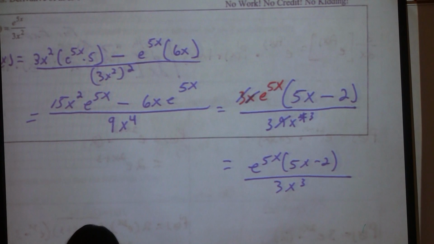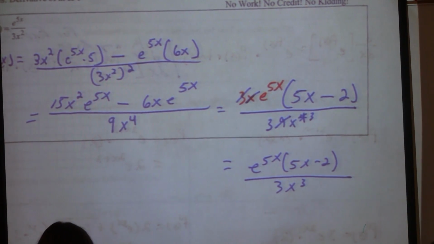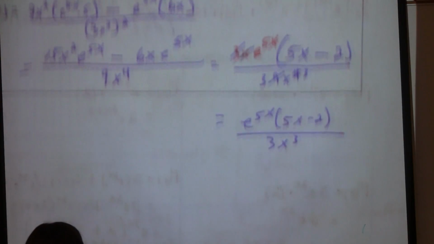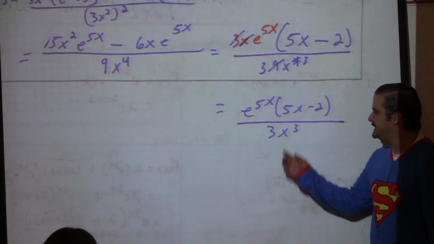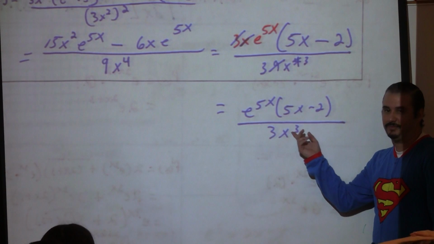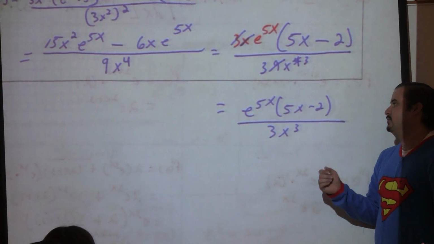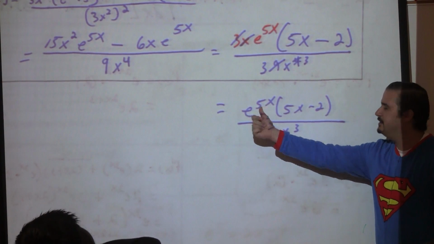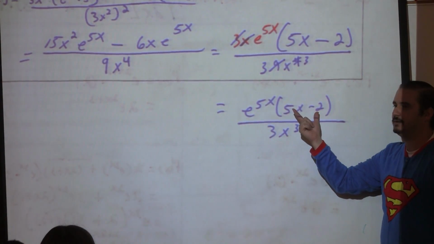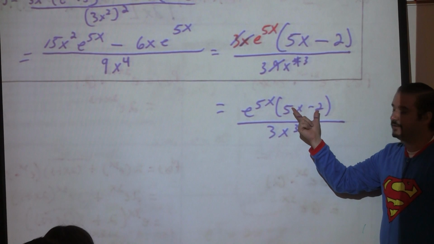So now this one, can this derivative be undefined? Yes. Where would it be undefined? At 0, because that's the number that will make my denominator 0, right? Okay, where will it equal 0? Can this ever equal 0? No, but can this guy equal 0? At what value? 2 over 5, right?